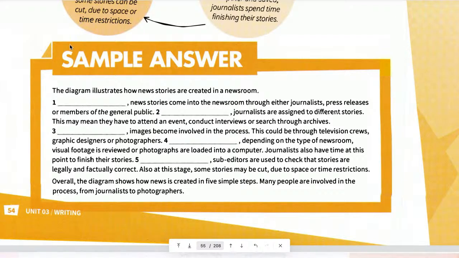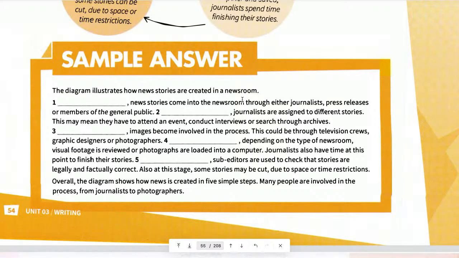Yes, the diagram illustrates how news stories are created in a newsroom. Okay, what's this? Yes, this is an introduction. So to do this, you need an introduction. Now let's see what comes next.